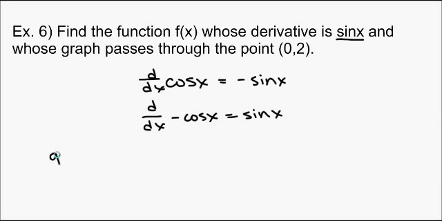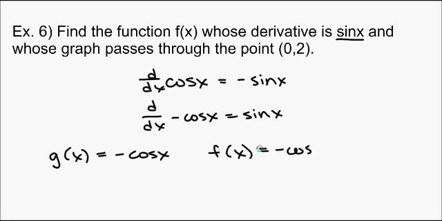So if I had a function g of x that was negative cosine x, I know that f of x is going to be negative cosine x plus c.